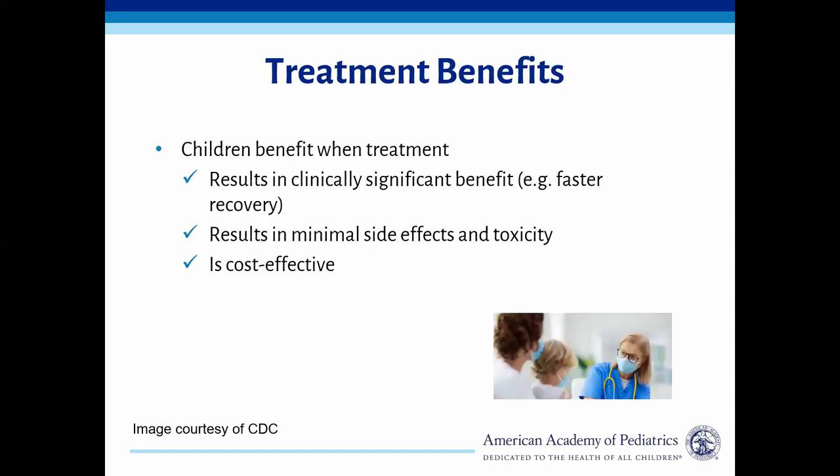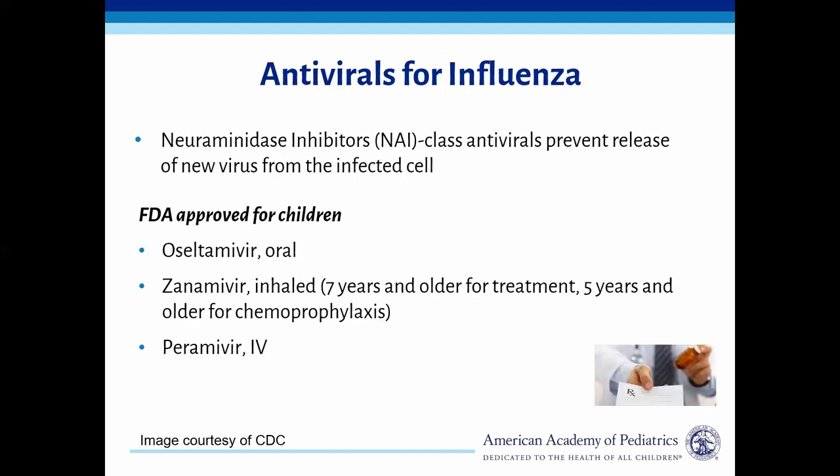Next slide, please. The benefits of antivirals. Children will benefit from antiviral treatment when it gives them a clinical benefit, there are minimal side effects, and it's cost effective. So what do we have? Next slide. We have several antivirals. The neuraminidase inhibitors are the ones you're most familiar with. So oseltamivir, which is given by mouth, zanamivir, which is inhaled, and now peramivir, which is given by IV.